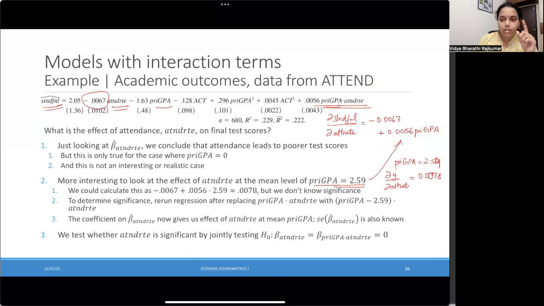So for a student who's performing at the average level, whose previous GPA was the average score, if their attendance rate goes up, then their performance in the final exam goes up.